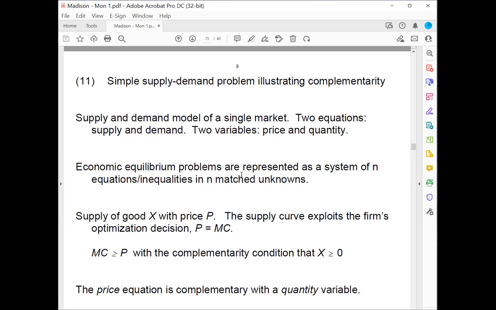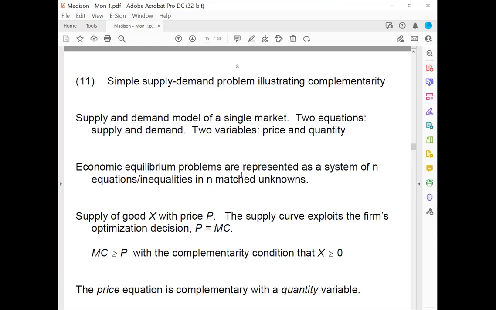Okay, this next thing is really going to illustrate complementarity. Those two problems are always going to have an interior solution, right? Because as the output goes to zero, the marginal productivity goes to infinity, and no matter how high the wage rate is or how low the price is, you're going to get some production.